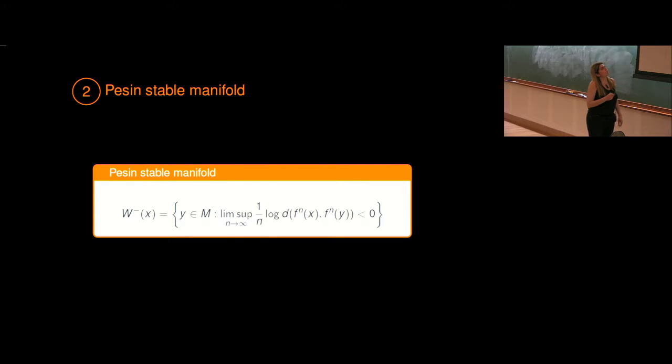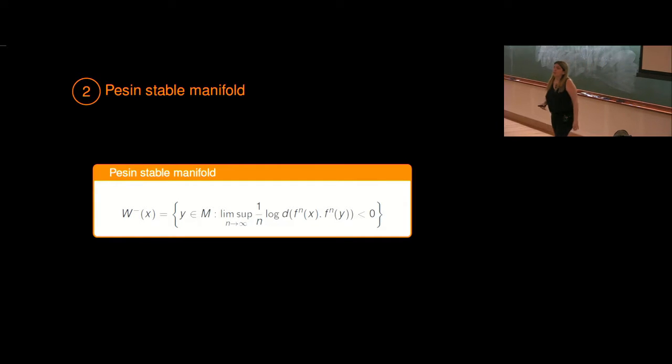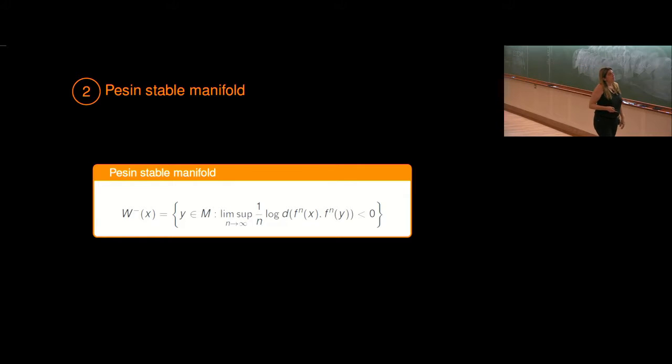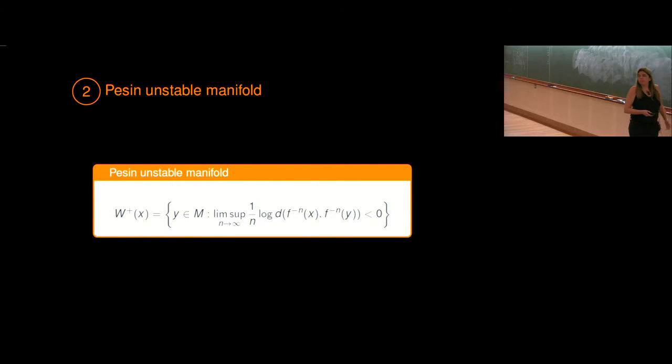Marcelo has also mentioned the stable manifold, the stable Pesin manifolds, which could be short or long. We don't have control on its length or whatever if we are in higher dimensions. And the same with Pesin unstable manifolds.